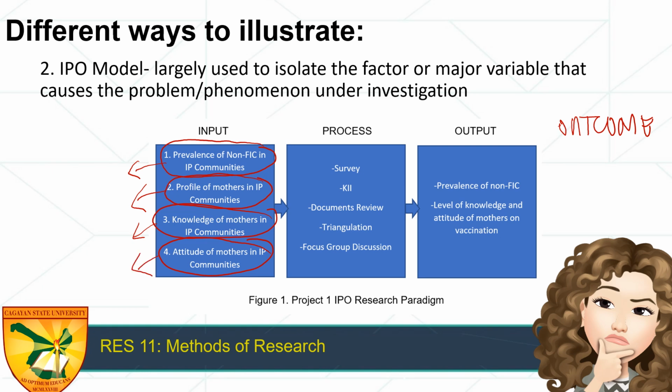And for the process here, you will see we will do survey questionnaires, key informant interviews, documents review, triangulation, and focus group discussions. And the output that we are expecting is the prevalence of the non-fully immunized children and the level of knowledge and attitude of mothers on vaccination.